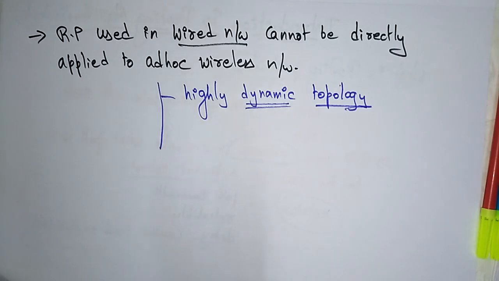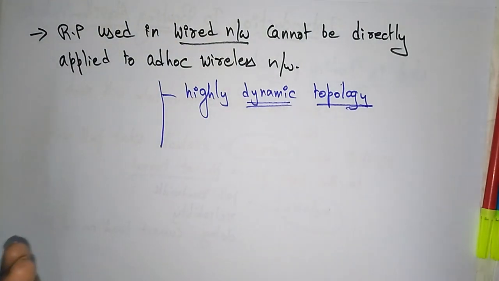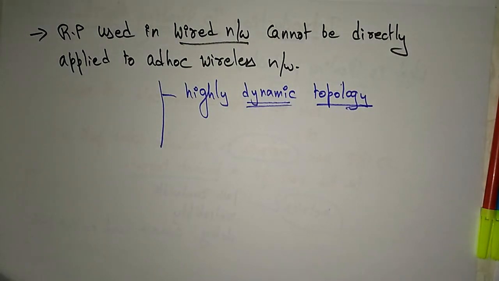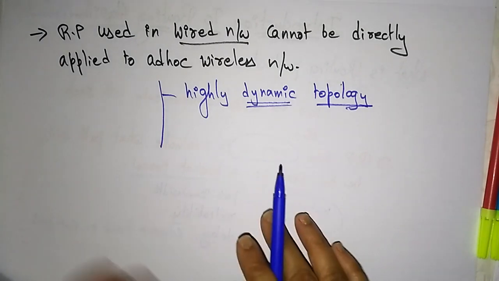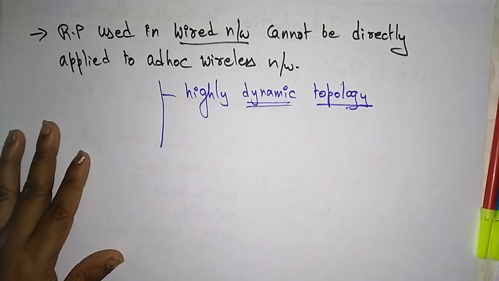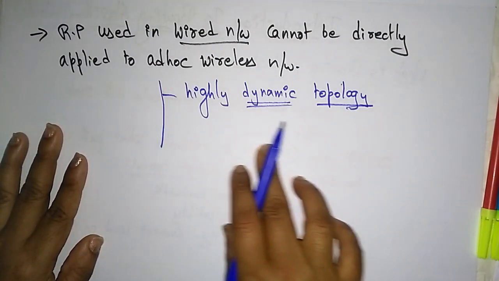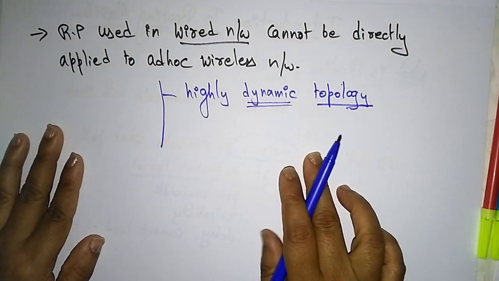It is fixed: suppose you are sitting here and your router is somewhere, you are just connected by a cable, so you can move only in this area and cannot move beyond that wired connection. But in the ad hoc wireless network, you can change your topology dynamically. That's why ad hoc wireless networks have a highly dynamic topology.